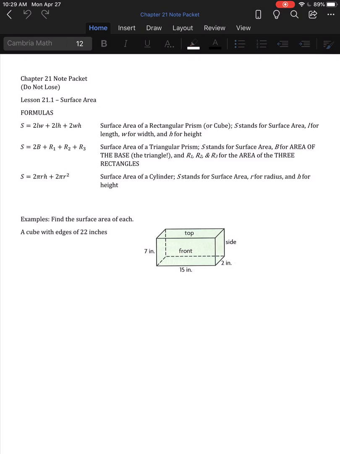This is the front rectangle. The back rectangle is identical to the front rectangle, so we have to have two of them, hence the 2LH. And WH, for width and height, those are the numbers that define the sides. There are two sides that are the same, left and right side, so hence the 2 there.